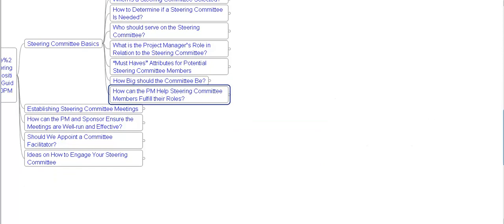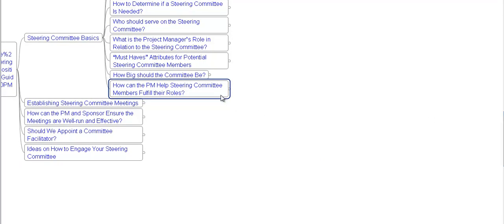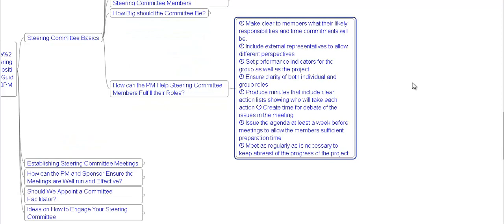Now let's see the next. How can the PM help steering committee members fulfill their roles? Make clear to members what their likely responsibilities and time commitment will be. Include external representatives to allow different perspectives. Set a performance indicator for the group as well as the project.